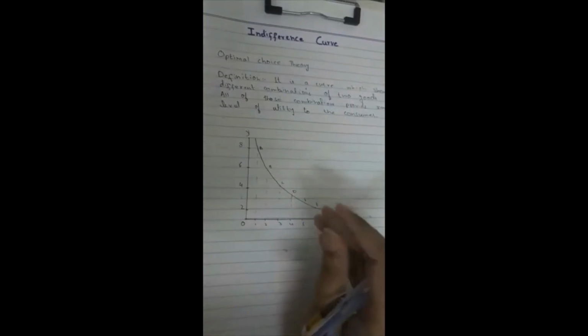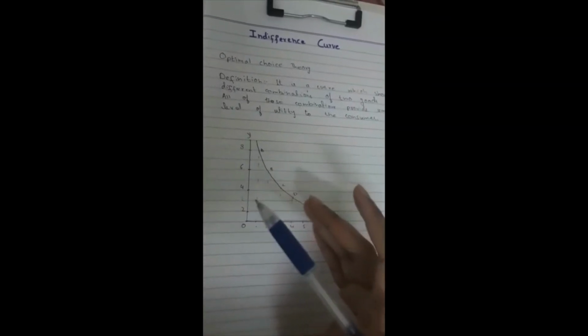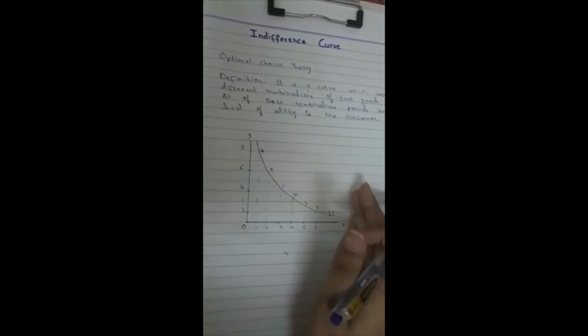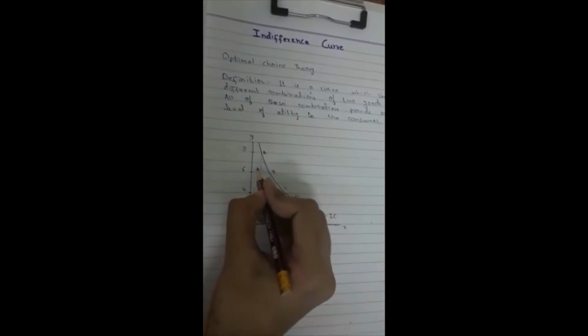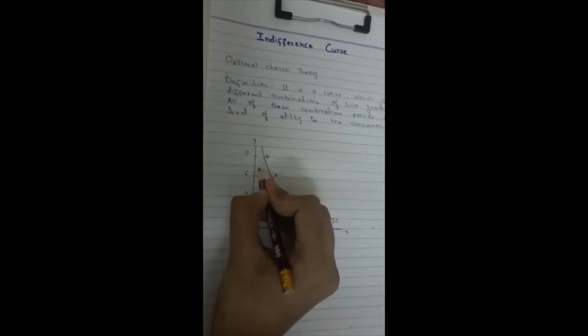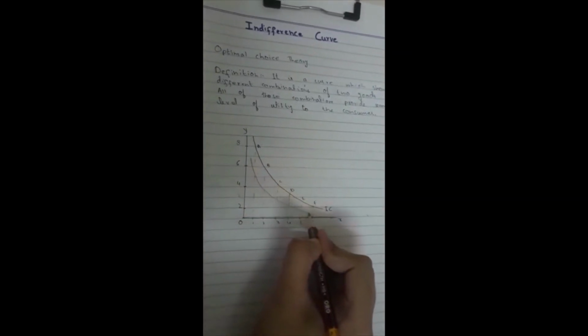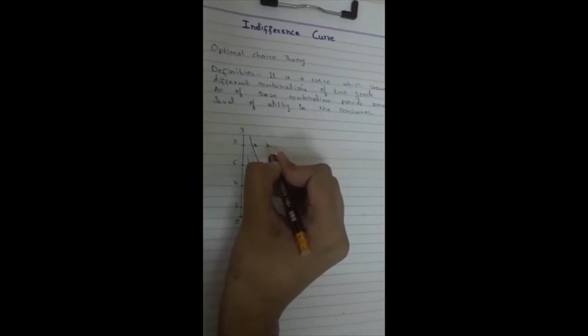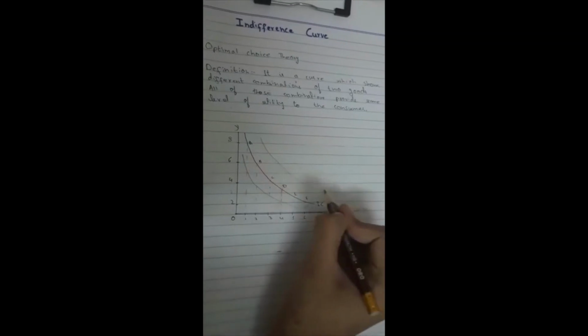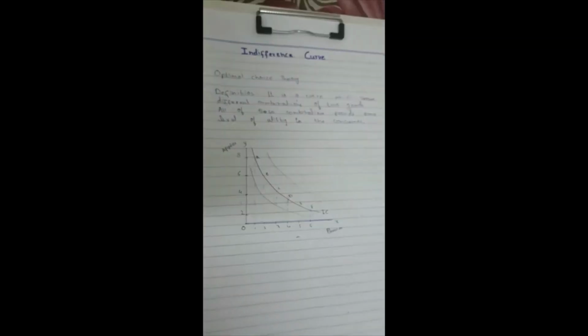And the more the indifference curve is towards the right, the more utility it provides. For example, if the indifference curve is here, it gives less utility than this curve. If it is here, it will give more utility than this curve.